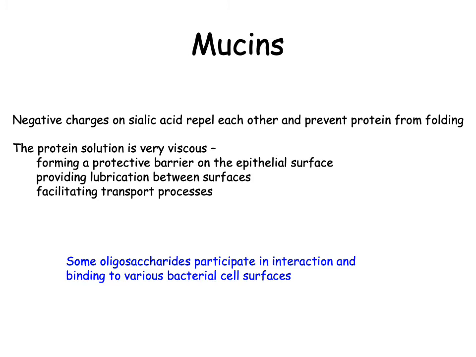So it's a protective barrier on the surface of these epithelial cells, also providing lubrication between surfaces. And it can also facilitate transfer. So it's a protective barrier, it's a lubricant, and if you don't have this, you're going to have some problems. And there are many, many different types of mucins, many different sizes and shapes. Again, some are anchored to the epithelial cells, some are secreted.